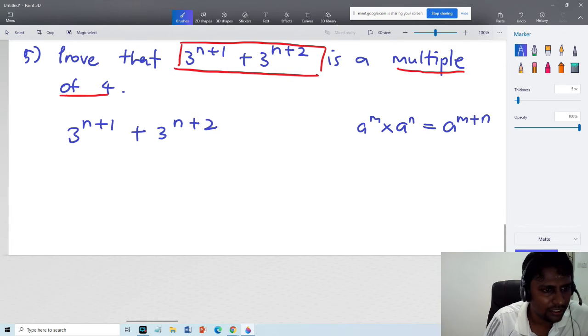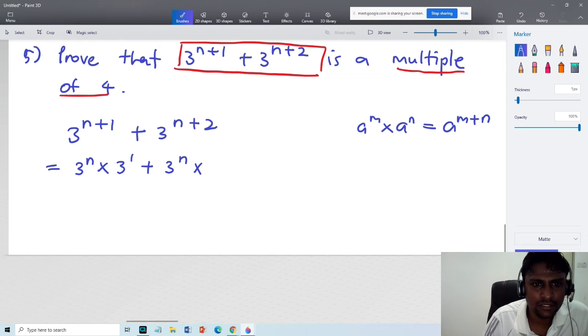So go here, you'll get 3^n times 3^1 plus 3^n times 3^2.